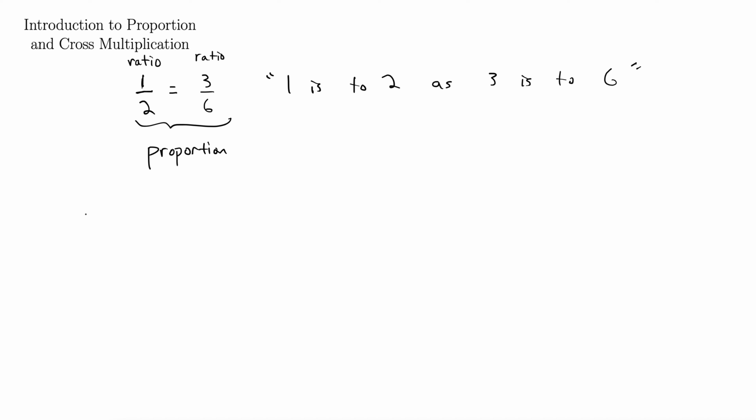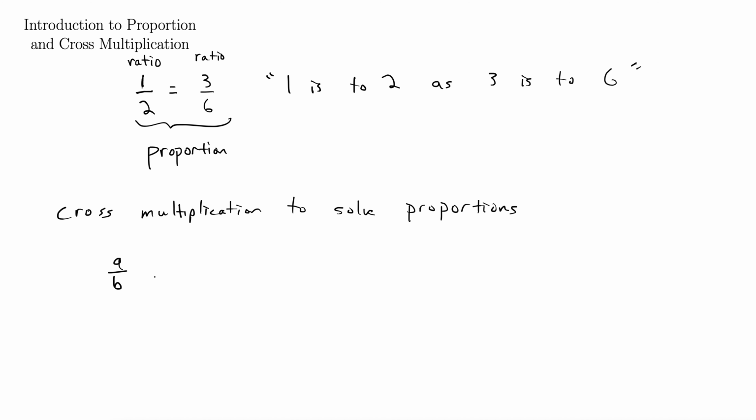When you're trying to solve proportions, you use cross multiplication. So it goes like this.